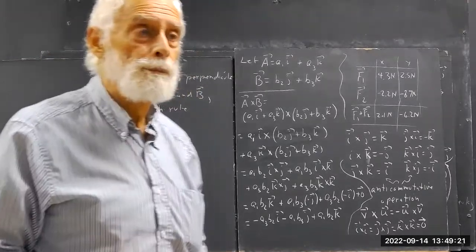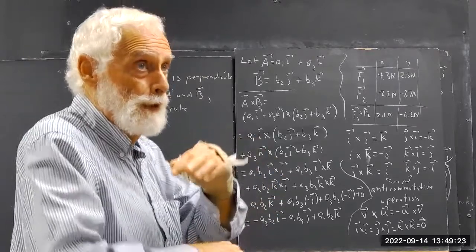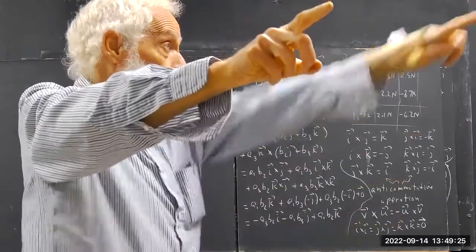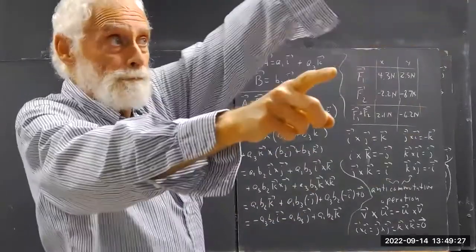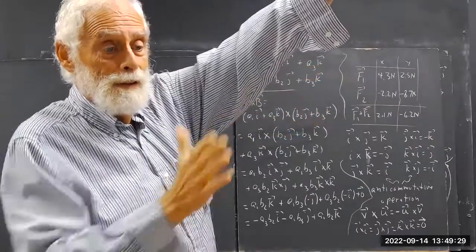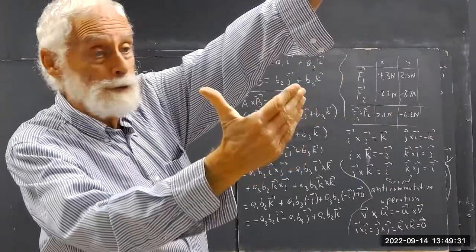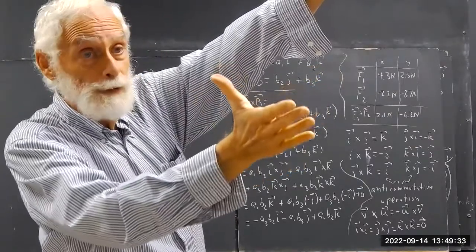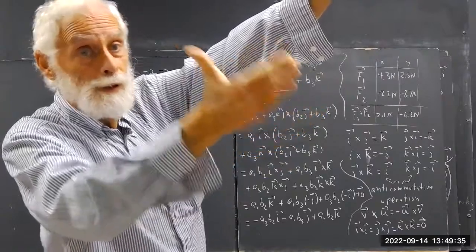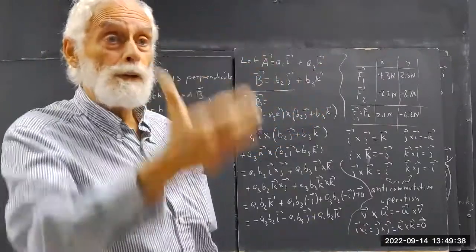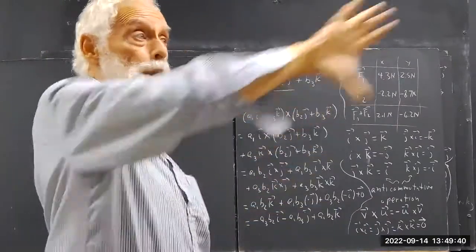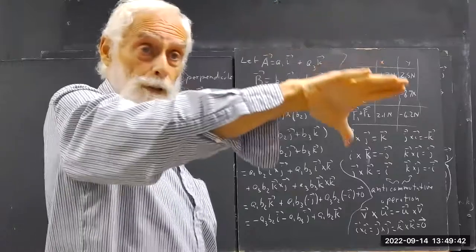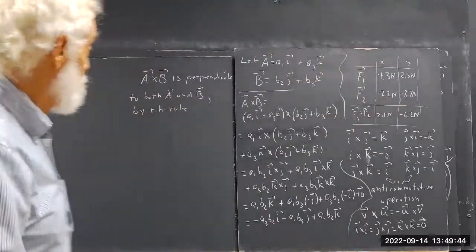So if A is that way and B is that way, then with your fingers crossing toward B, your cross product would have to be in this direction. If you did B cross A, the cross product would be in the opposite direction.